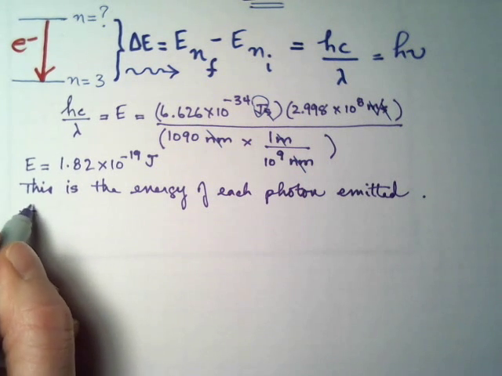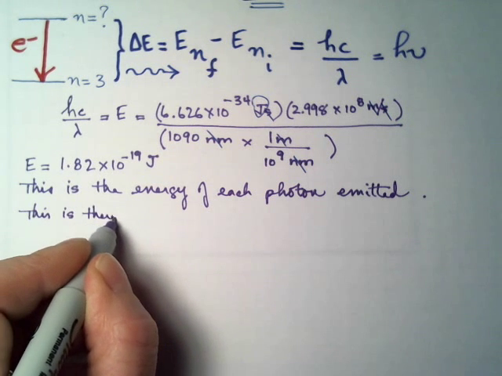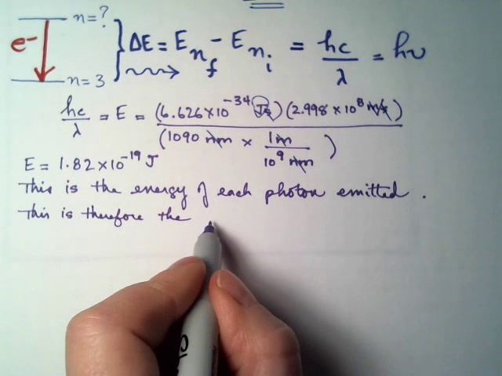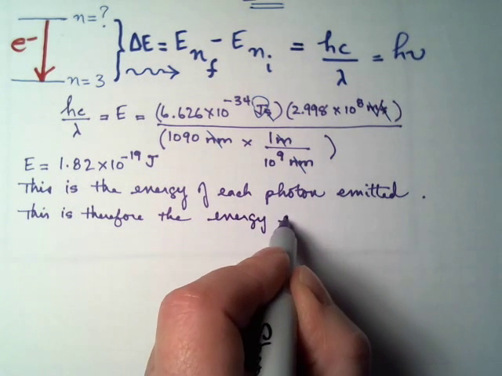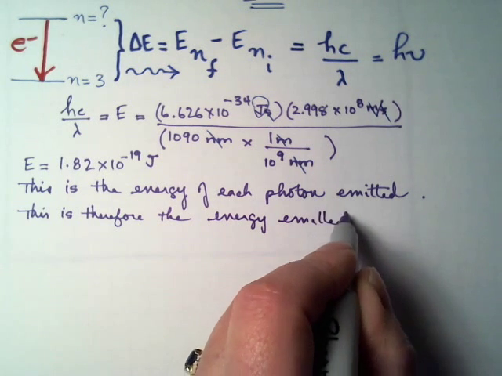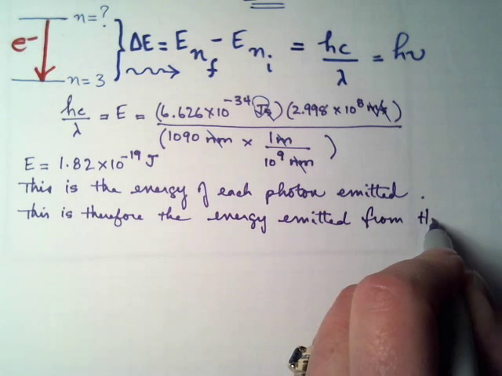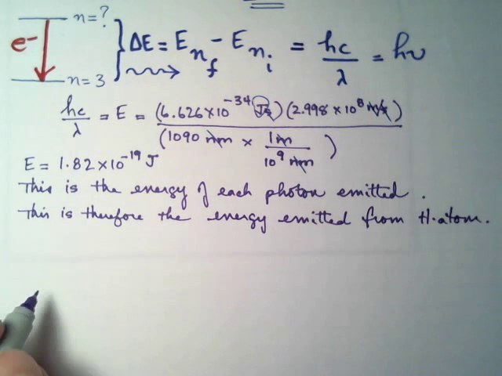And so this is, therefore, I call it the energy emitted from the excited H atom from that electron relaxing.